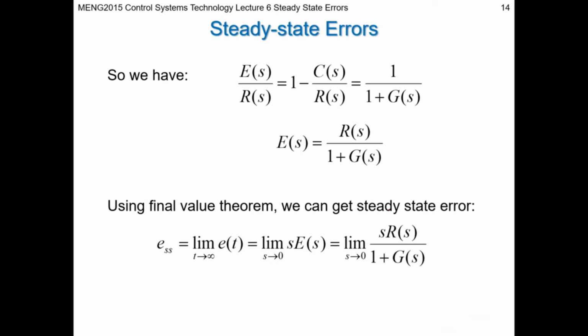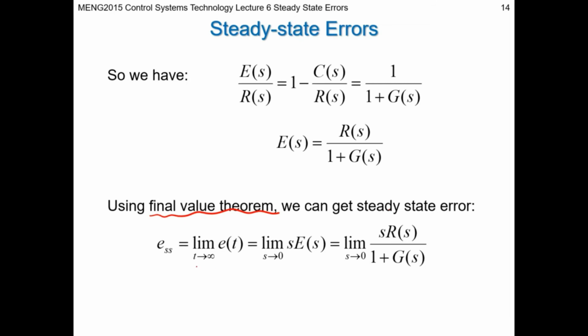And if we apply the final value theorem, that allows us to express E at infinity, right? So what we want is, what's our error in the time domain as we go to time equals infinity? That's going to be our steady state, right? Steady state is what happens as time goes to infinity. So we can use our final value theorem to get our steady state error.